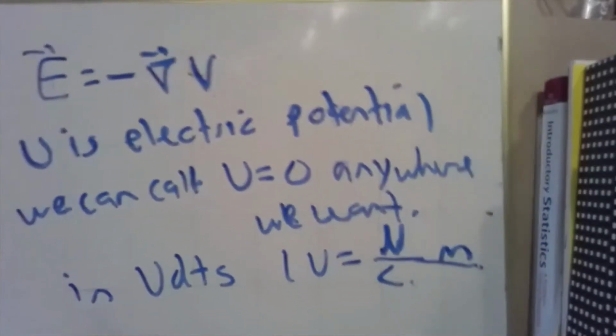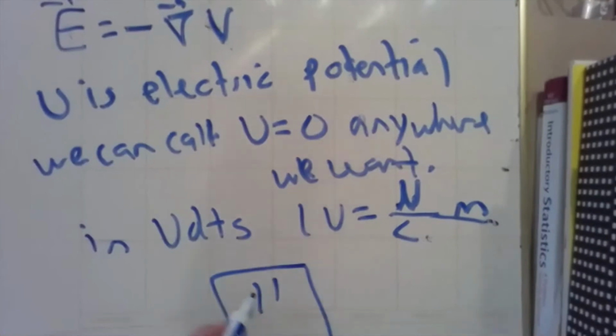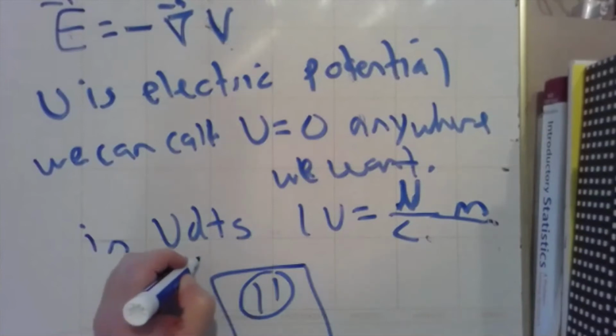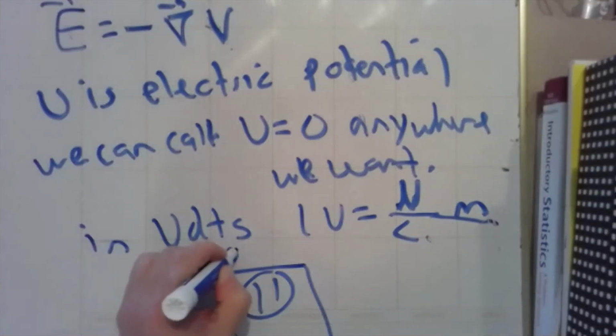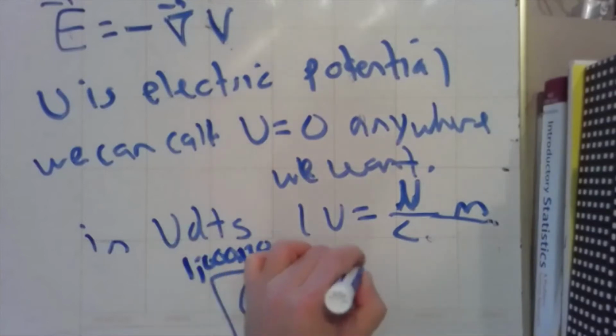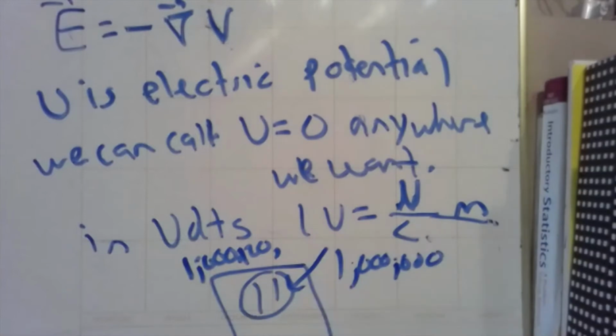So if I've got some outlet and I say this is 120 volts, it might be that this side is 1,000,000 and 120 volts, and this side is 1,000,000. Because we always measure changes in potential.